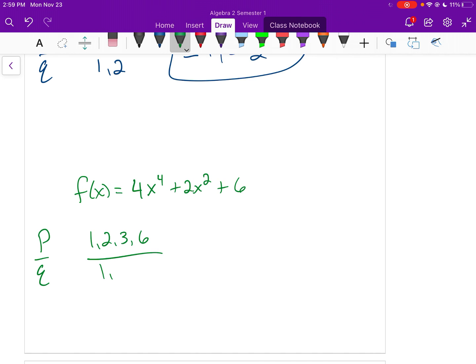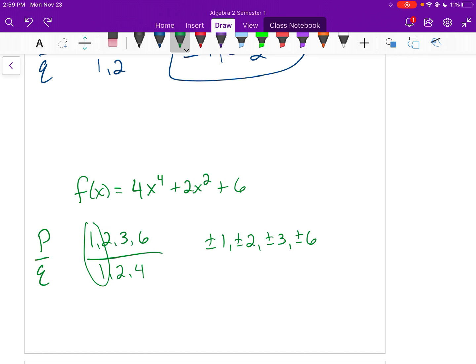Those are my factors of 6. My factors of 4 would be 1, 2, and 4. So again, every single combination. It's going to get a little longer on this one because I have to take 1, 2, 3, and 6 with 1. And when I do that, it's going to be plus or minus 1, plus or minus 2, plus or minus 3, plus or minus 6. That's me working with that 1 through.